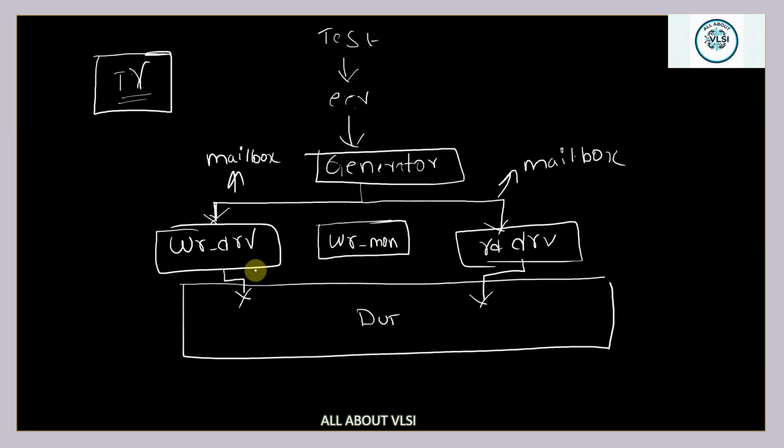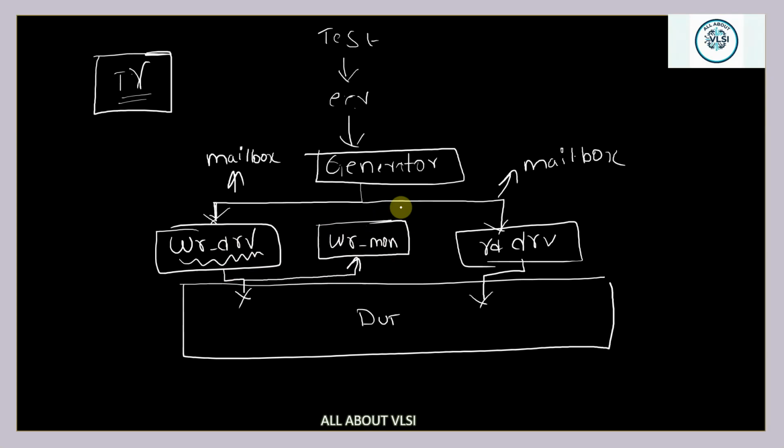Whatever the write driver was driving, we will try to sample those signals. Whatever write related signals my write driver was driving, we will collect from the interface to this write monitor. The duty of this write monitor is to monitor whatever the write driver is driving.